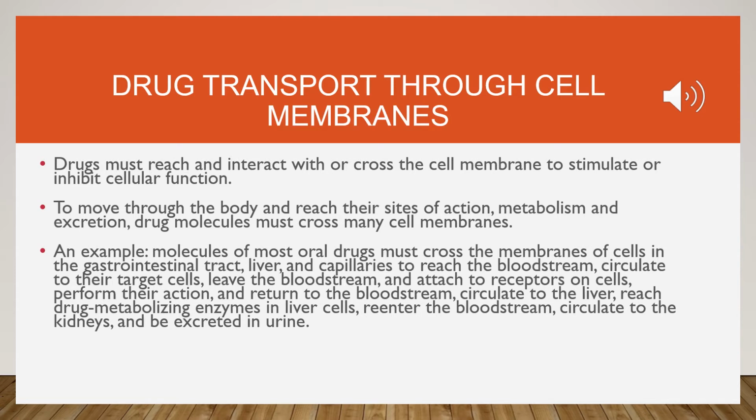then perform their action, and then return to the bloodstream, circulate back to the liver, and reach drug metabolizing enzymes in the liver cells to be broken down to create metabolites, which are usually less active chemically than the original drug molecule, but in some cases some metabolites could be powerful.